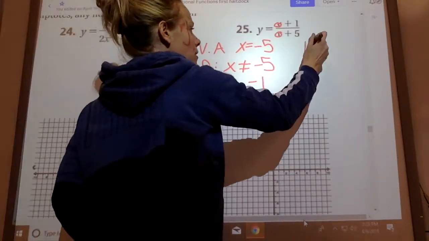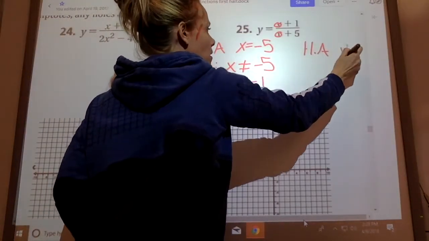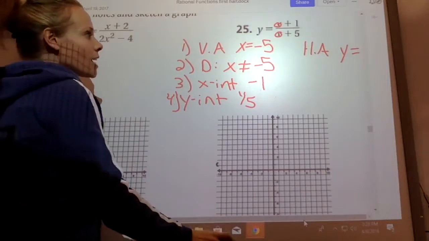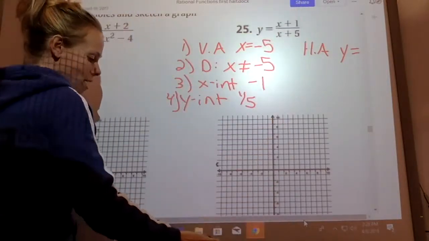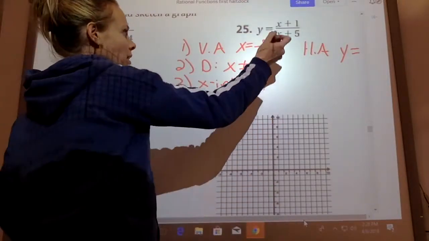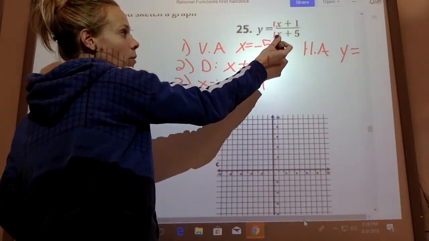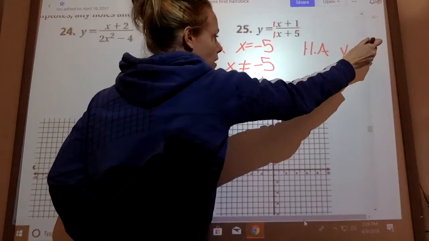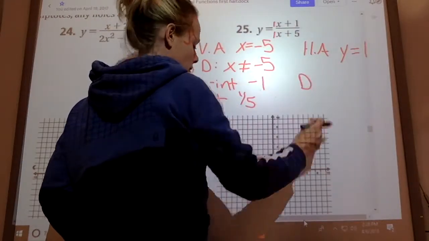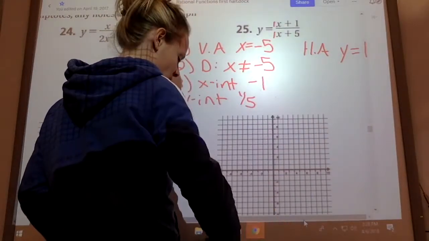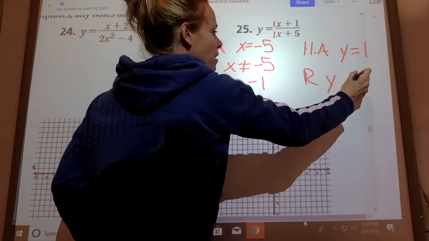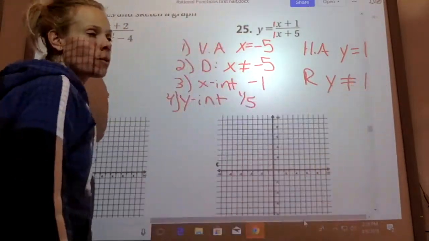My horizontal asymptote would be, they're the same degree, so I divide the leading coefficients, which are 1s. 1 divided by 1 is 1. Therefore, not my domain, my range, y cannot be 1.